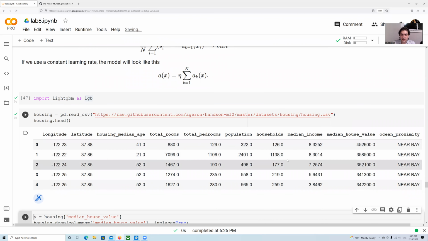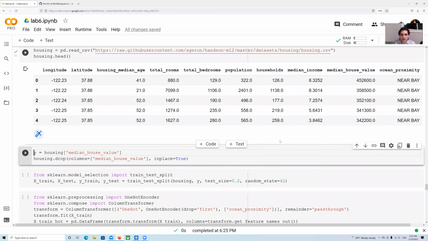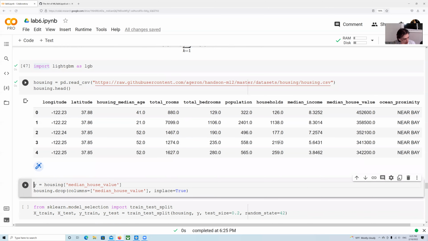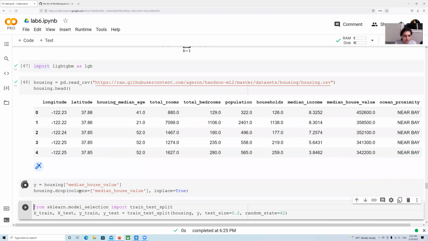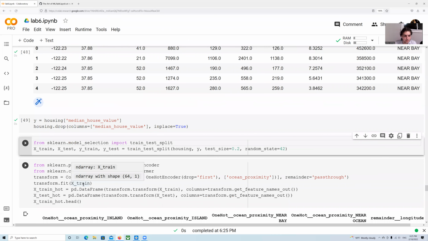Let's take our data set with prices. And you probably remember that when we tried to apply linear regression, even with regularization, to this data, we got like 0.6 accuracy. Now let's try to apply gradient boosting to this same data set. First of all, we split it into target and predictors, so we eliminate the target from our data.